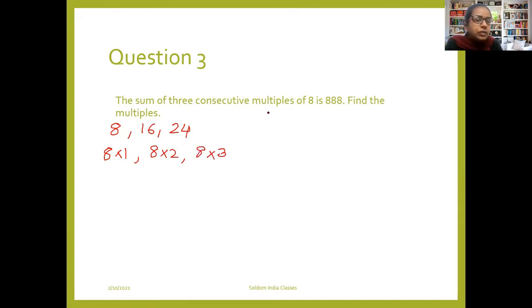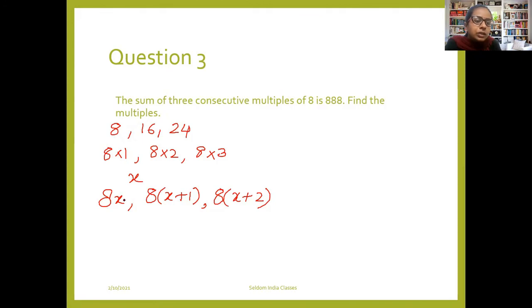Okay. So here we don't know the multiples. So we will suppose them as x. Okay. So first multiple of 8 will be 8x. Second will be 8(x plus 1). Correct? Third will be 8(x plus 2). Okay. Substitute x equals to 1.